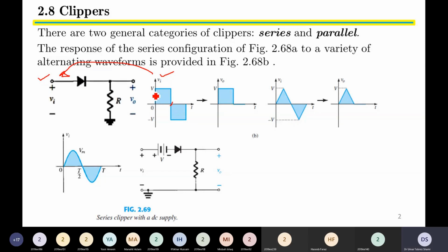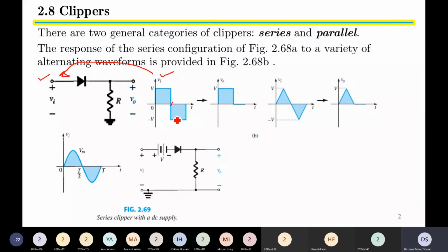So with the diode connected as shown in the figure, only the positive part of the input voltage will pass through the diode, and it will be available across V out, whereas when this negative voltage appears across the input, the diode will be reverse biased and the signal will not pass through the resistance.